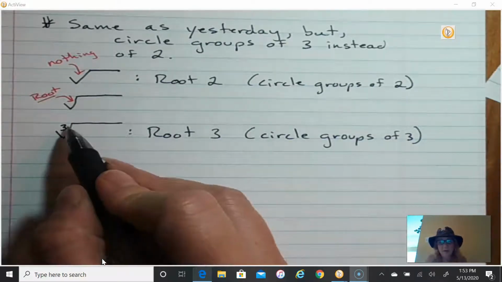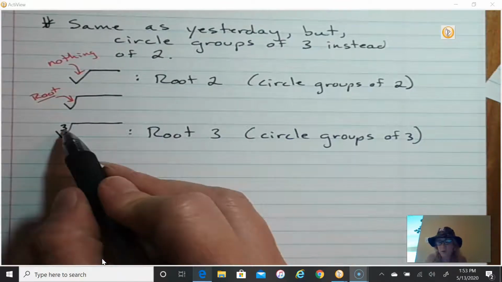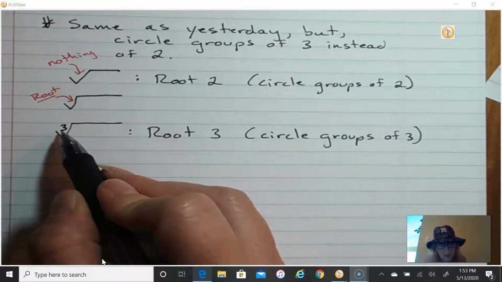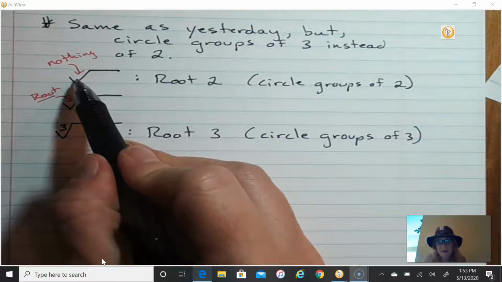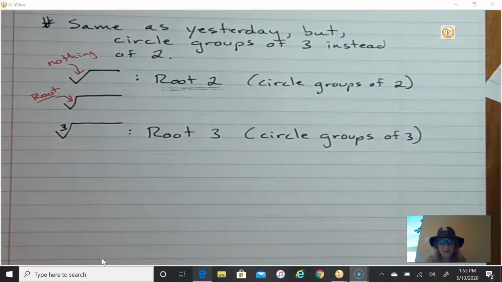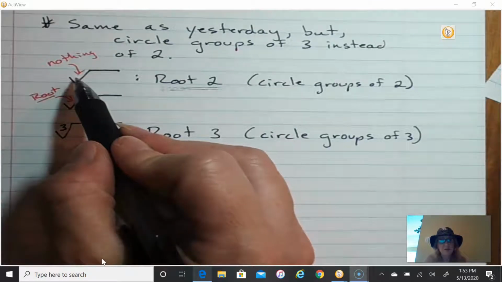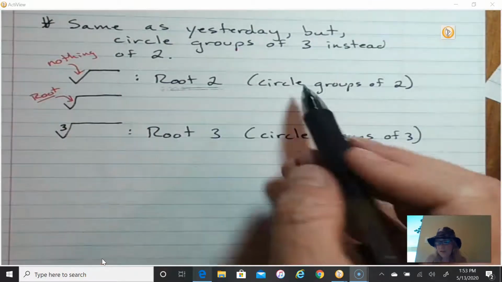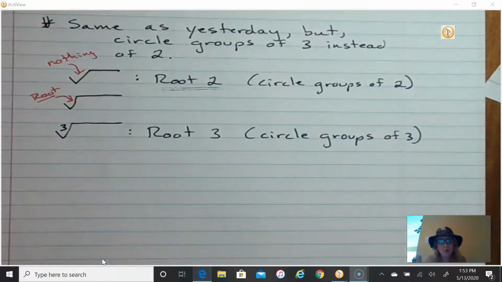So this number right here is your root. It could be root 4, root 5, root 6, root 7, etc. Remember, if there's nothing there, then it's root of 2. It's just understood. So yesterday's work, they were all roots of 2 because there was nothing there. You circle groups of 2.